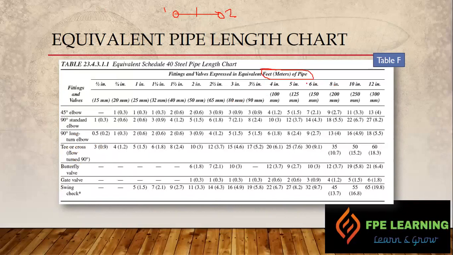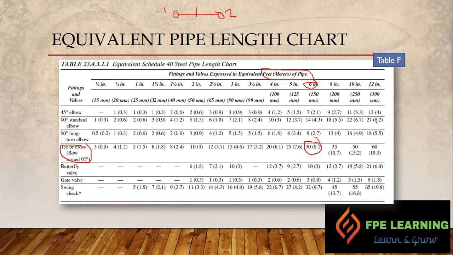Let's say we have a 6-inch pipe here, and there is one T in between. So what is the equivalent length of that? Go all the way from this line to here and come perpendicular from the 6-inch pipe. The meaning of that is we have to convert the fitting into equivalent straight pipe.